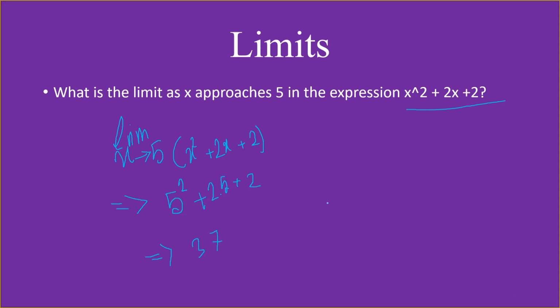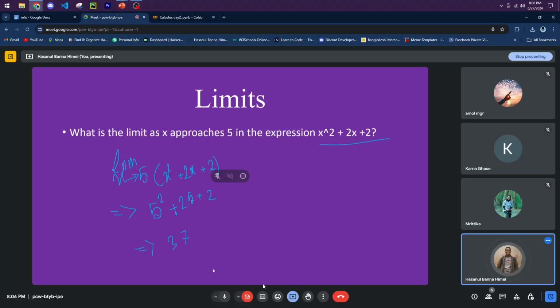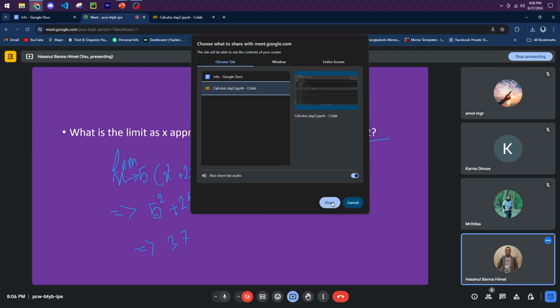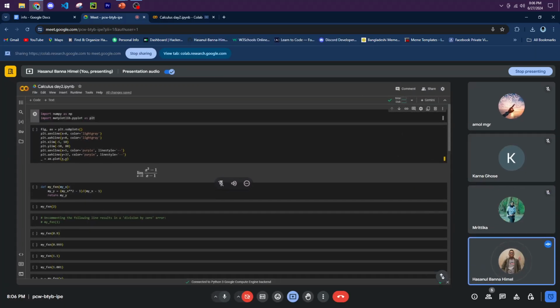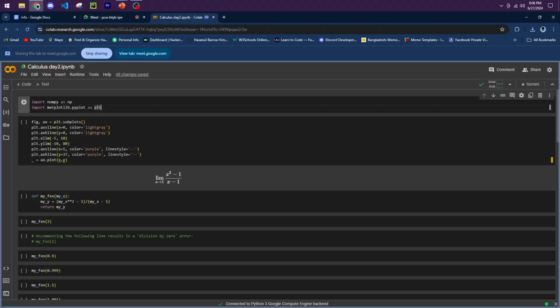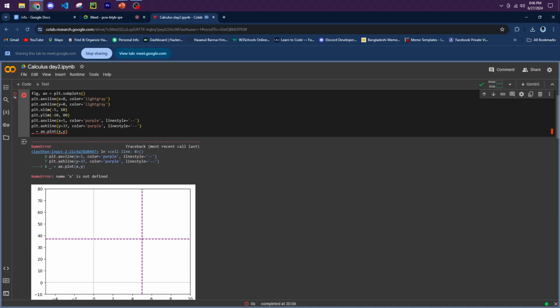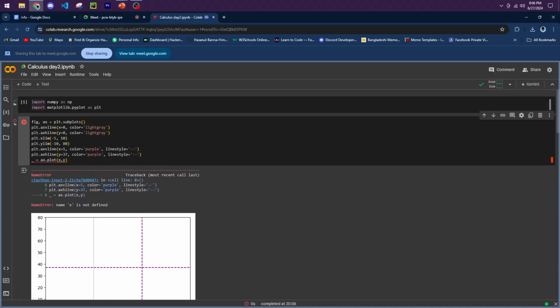Now if I show you some code examples, we're currently coding in Google Colab. When I run the import of NumPy and Matplotlib, there may be some problems.